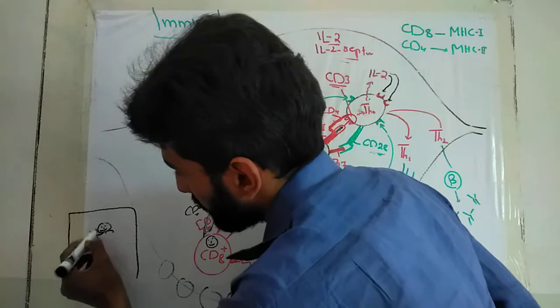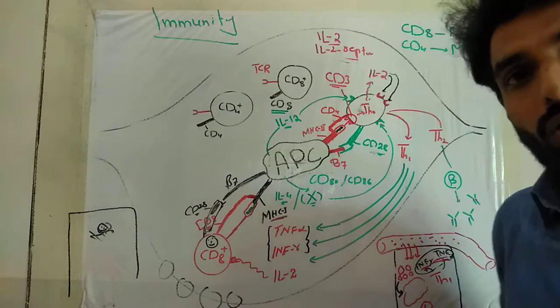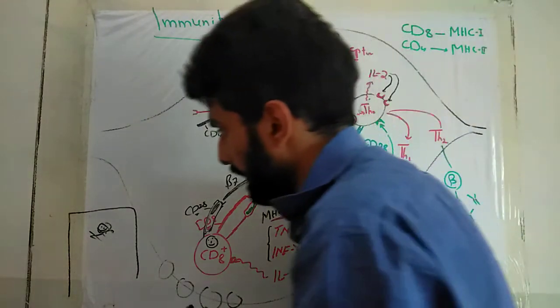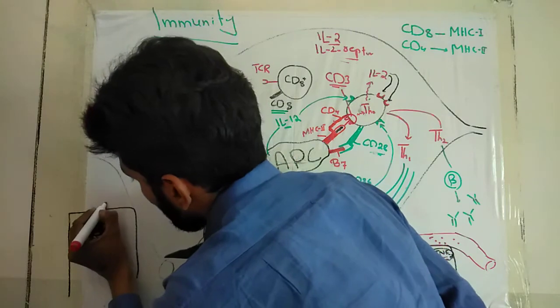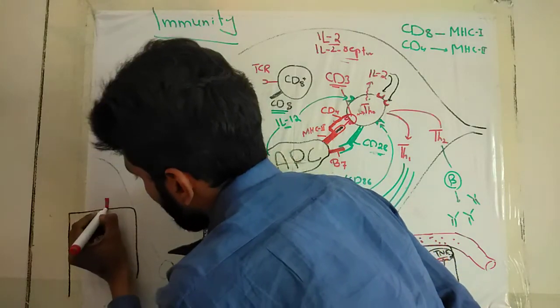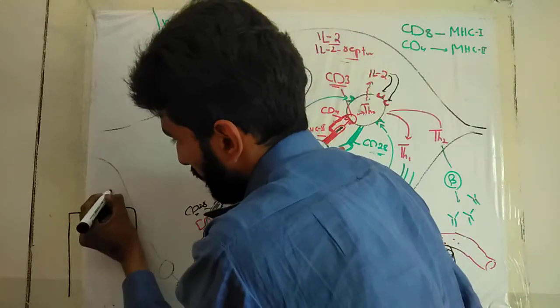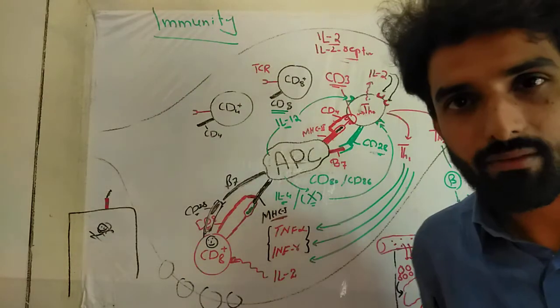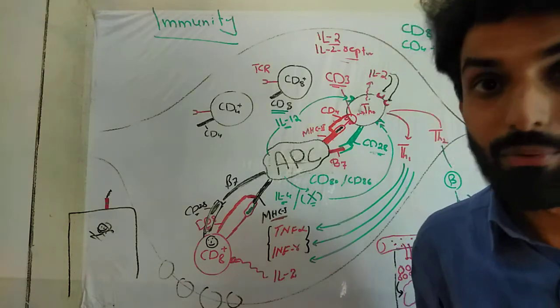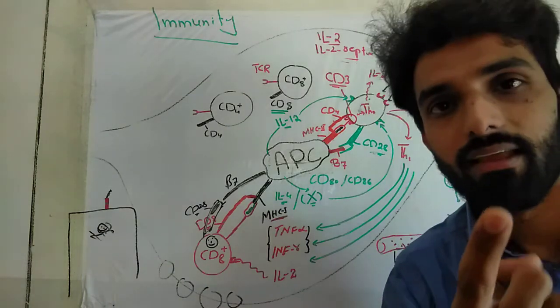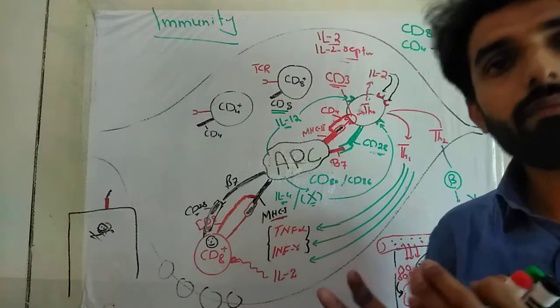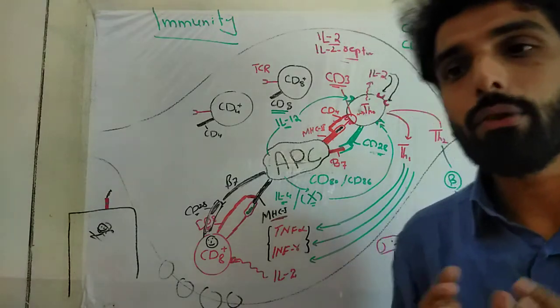So this cell will digest and dissolve this foreign particle, and it will present this antigen on its protein called MHC-2 or MHC-1. MHC-1, because MHC-2 is present on the APCs, while MHC-1 is the protein that is present on all the nucleated cells.